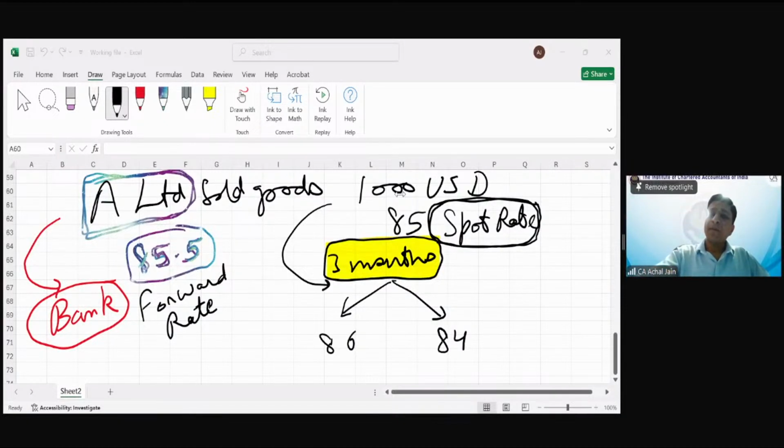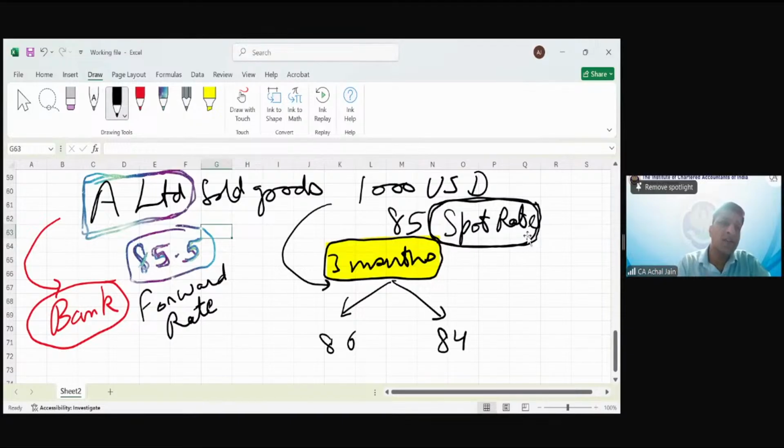No, sir. I just want to ask that the gain or loss is not due to the change in exchange rate, it is due to the contract. Which type of contract are you discussing, the speculative one or the non-speculative one? Non-speculative one. The non-speculative one is the one wherein you are not looking at MTM. Today the spot rate is 85, and you have locked a deal with the bank at 85.5.